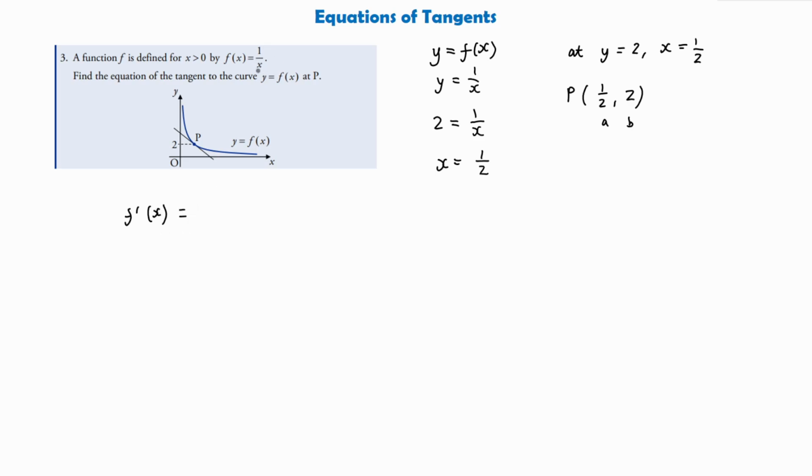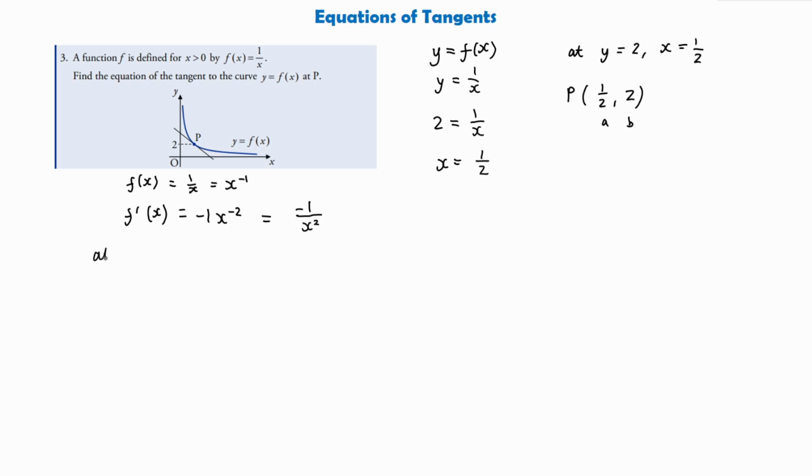We need to make this easier for us to differentiate. If you remember, we prepared to differentiate by saying that 1 over x is simply equal to x to the -1. So our derivative f dash x is going to be -1x to the -2, which we can rewrite as -1 over x squared.